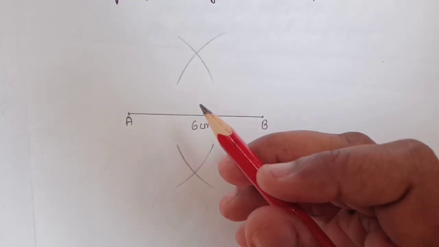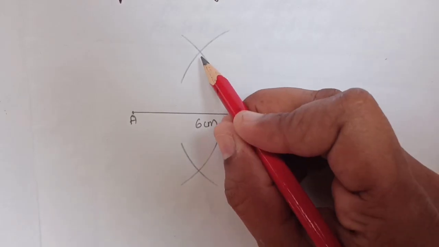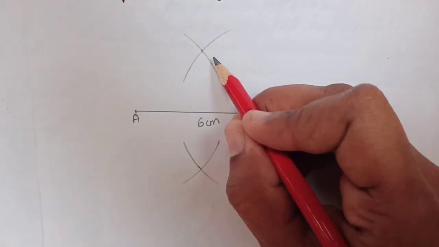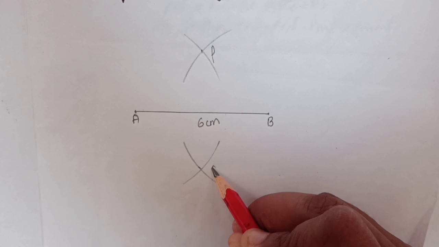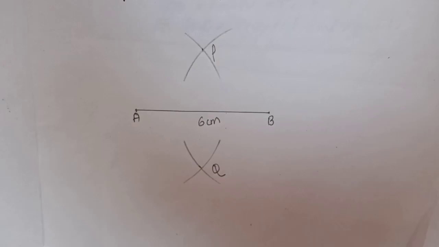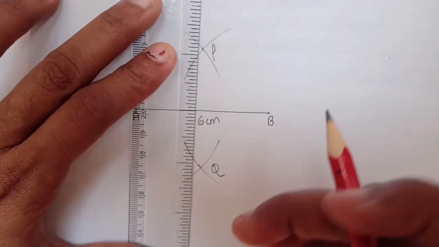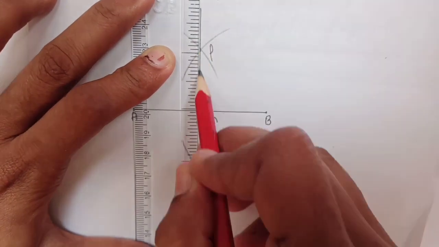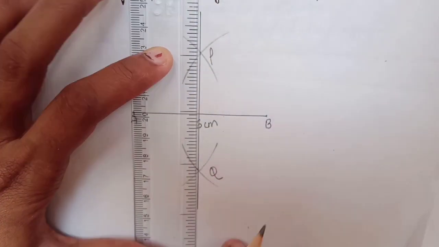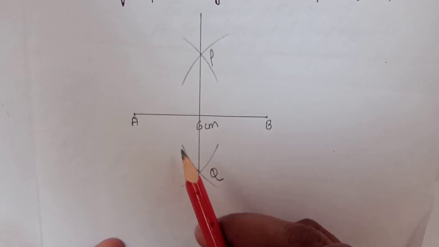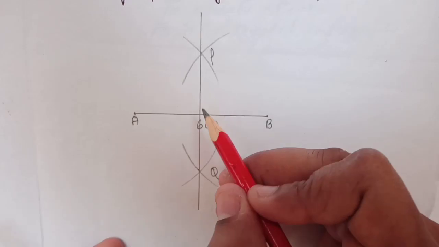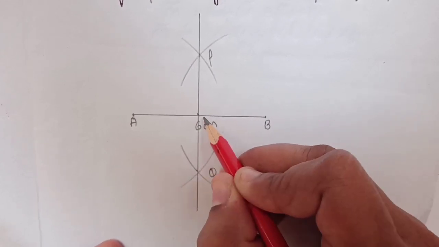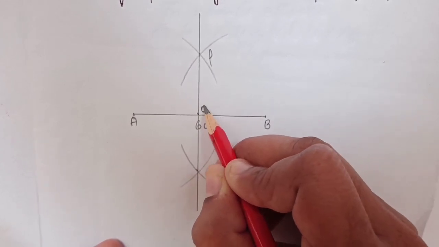Mark the points of intersection of arcs as P and Q. Join P and Q. Here PQ is the bisector of AB. Mark the midpoint as C.